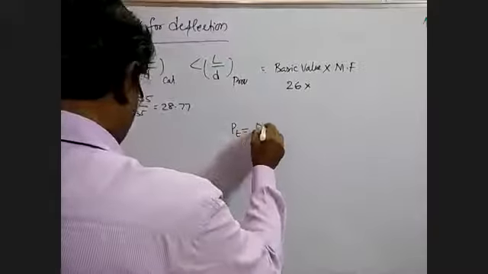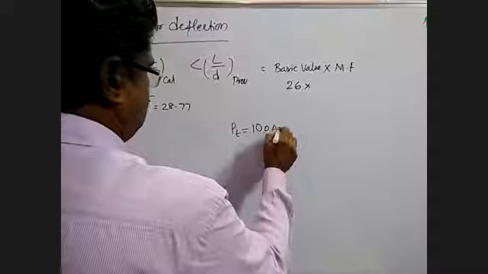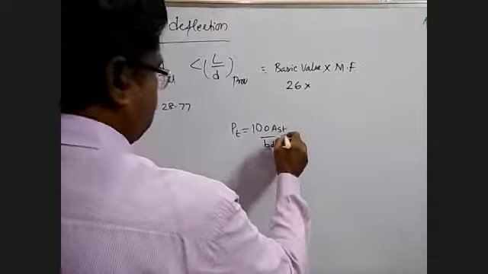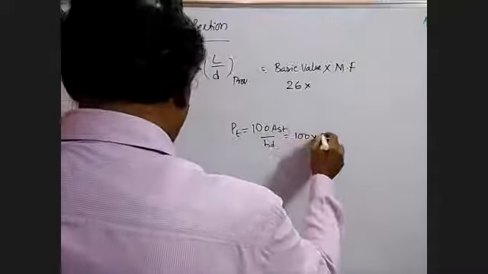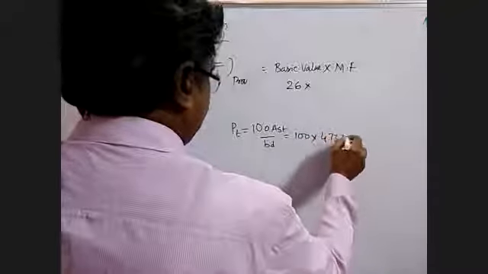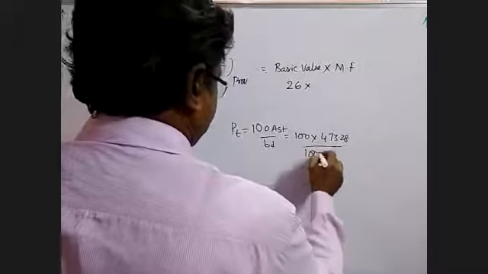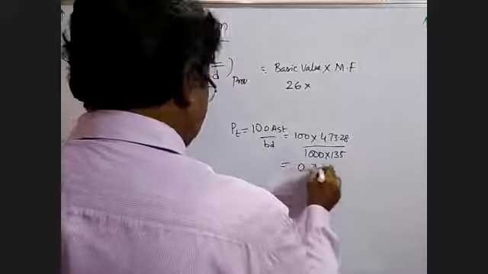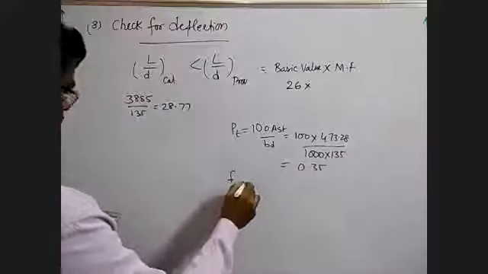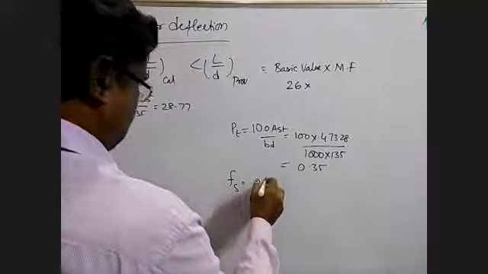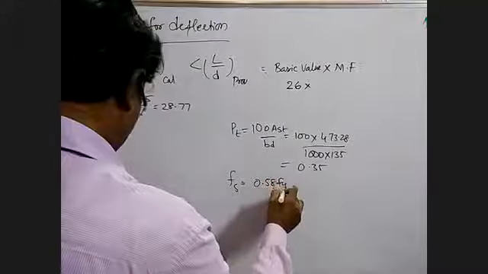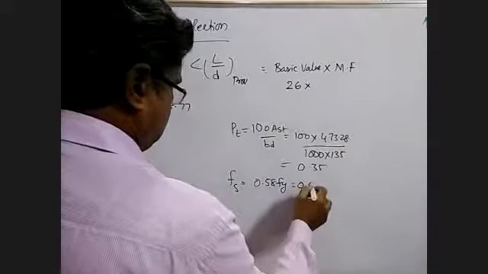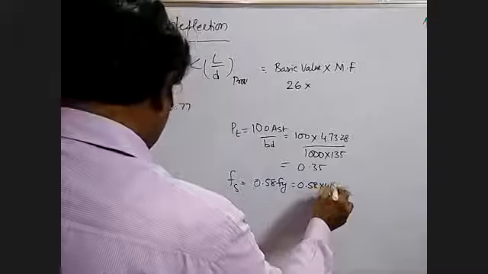PT is 100 AST by BD, which comes to 100 into 473.28 by 1000 into 135, that is 0.35. Then the fs value is 0.58 into fy, 0.58 into 450.